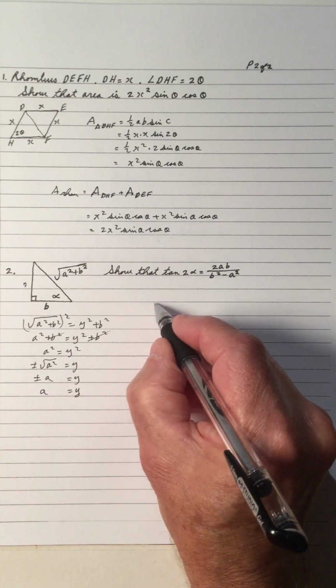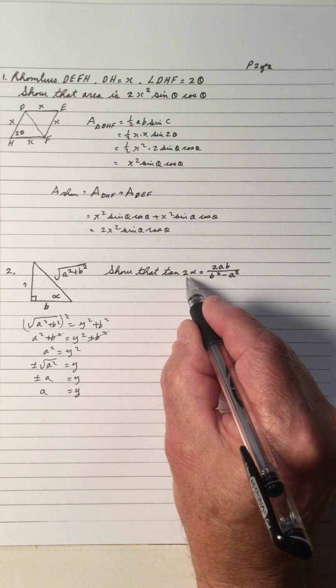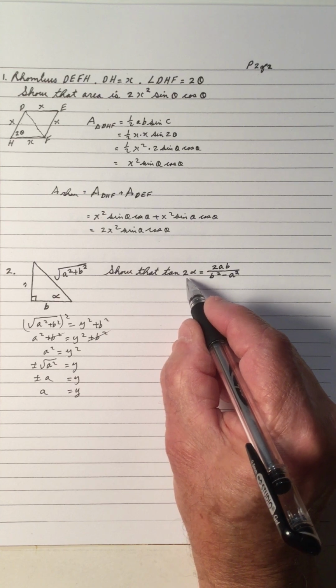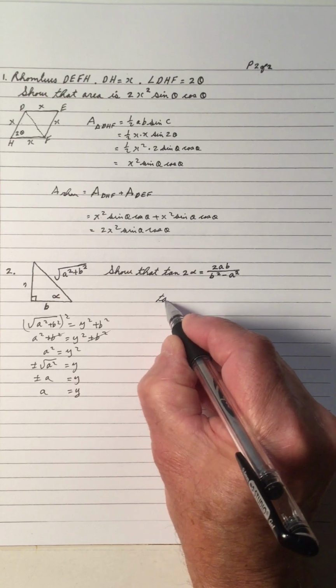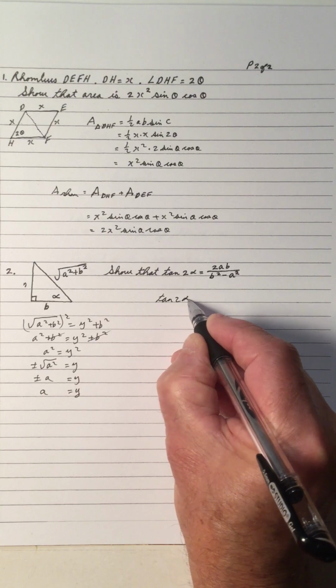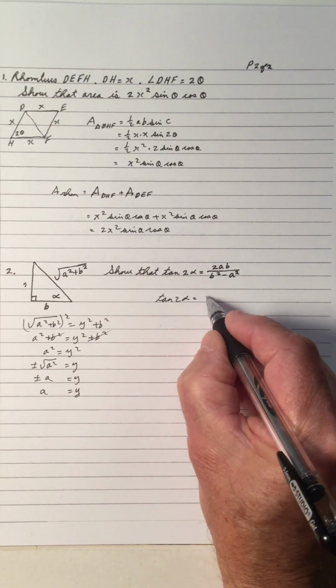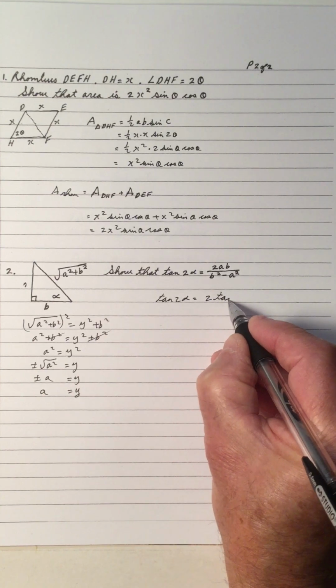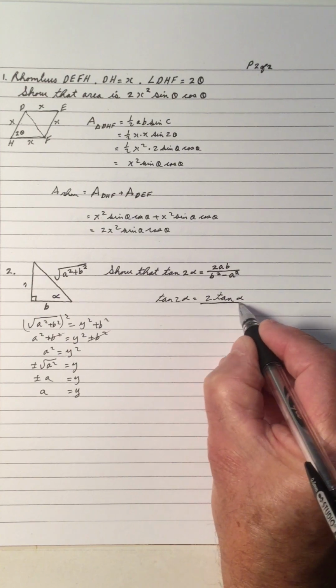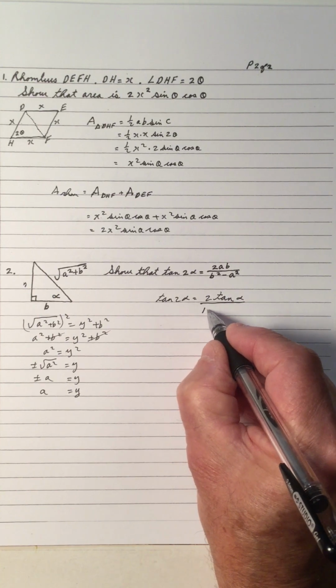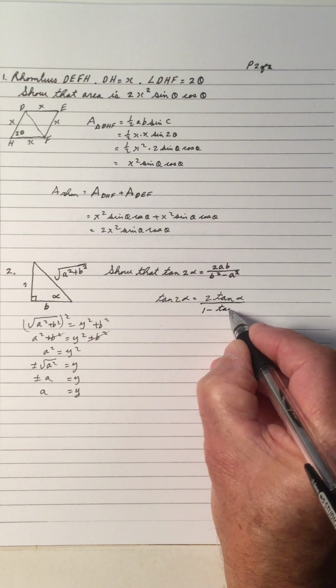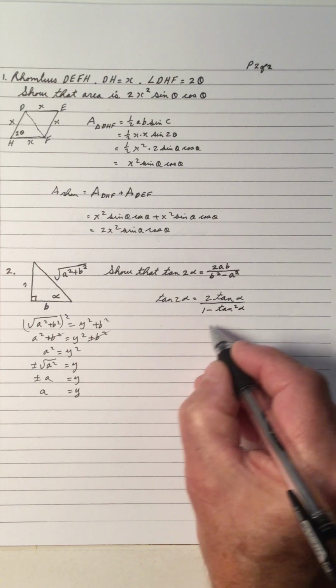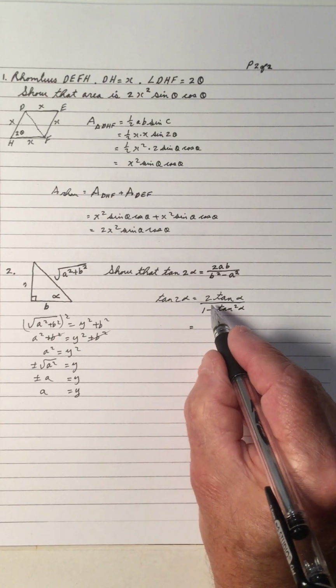Now we have to look at the tan of 2 alpha. The tan of 2 alpha is 2 tan alpha over 1 minus tan squared alpha.